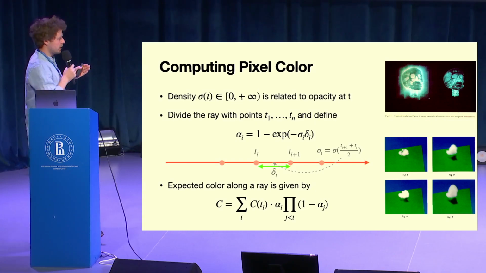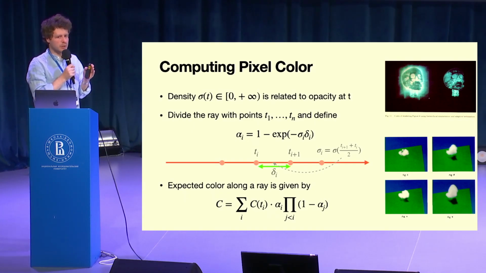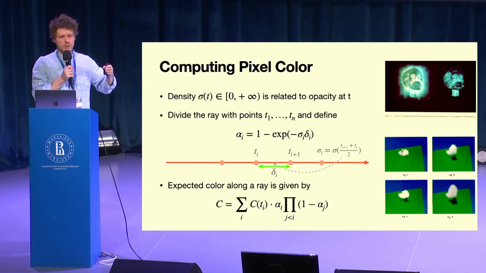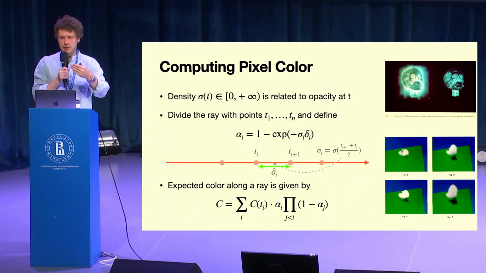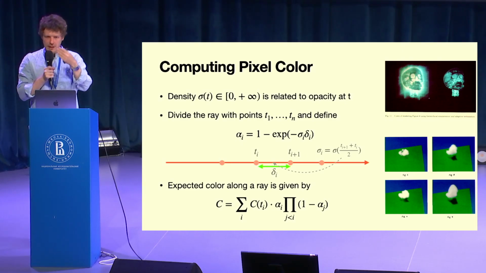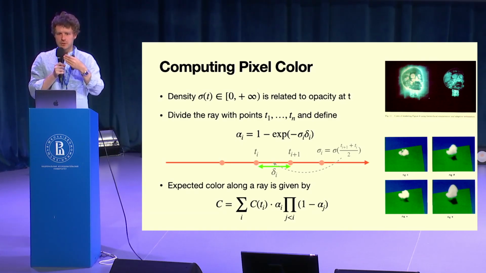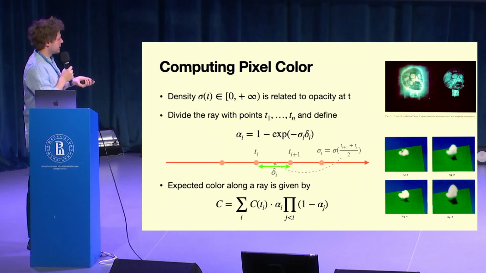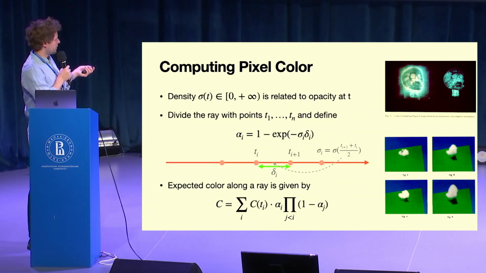What is the idea behind the weight coefficient? This weight coefficient has to take into account the following effect. If we see a non-transparent surface near us, we will not be able to see the stuff behind this surface. And this is modeled with this discount term.